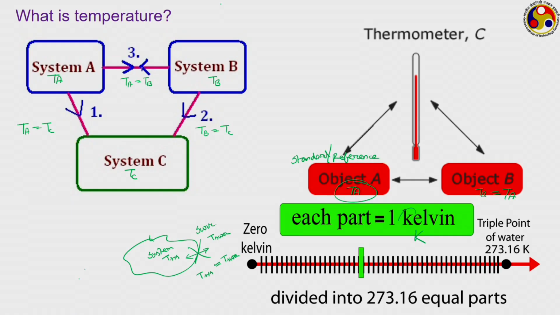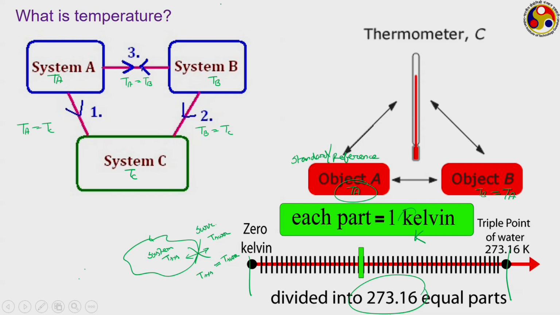Now, the unit Kelvin is defined by dividing the distance between absolute zero and the triple point of water into 273.16 equal parts, and each subdivision is called 1 Kelvin. That is, the triple point of water, which is a universal constant, is given a value of 273.16 Kelvin, and absolute zero is given a value of 0 Kelvin.